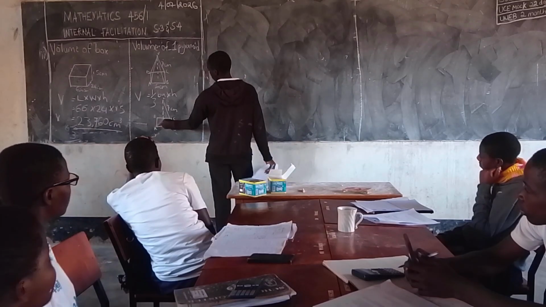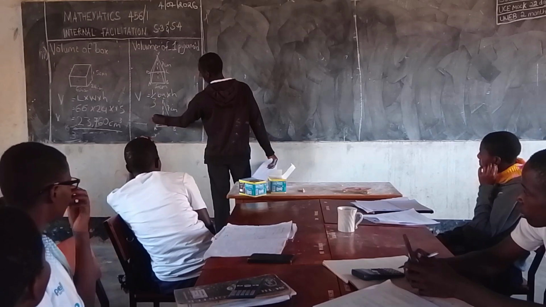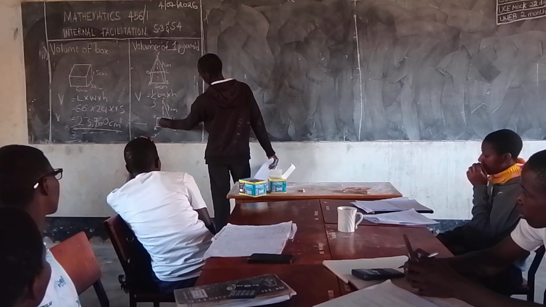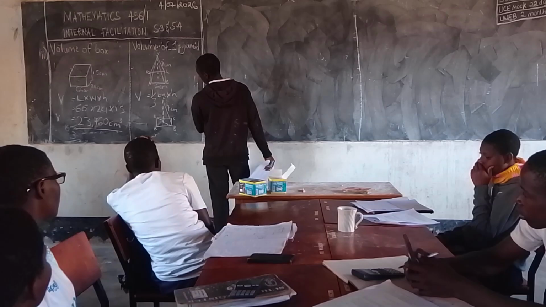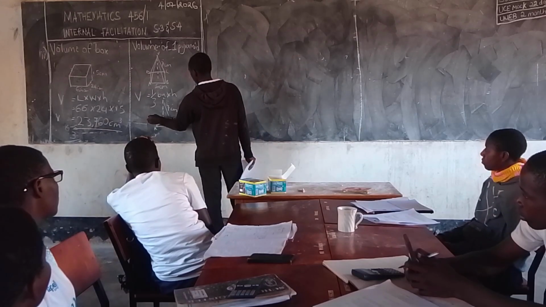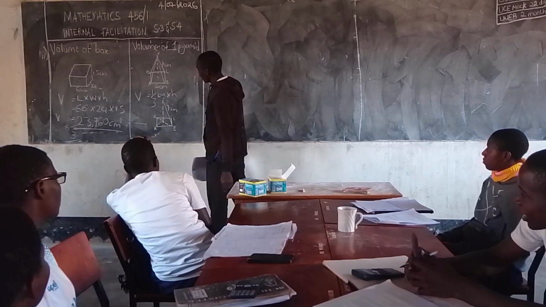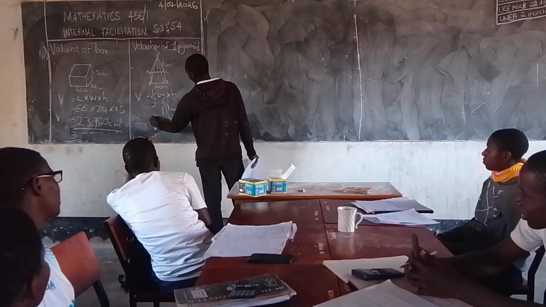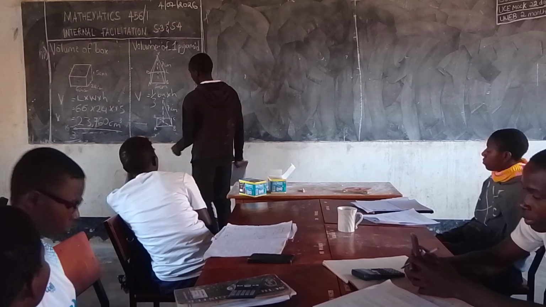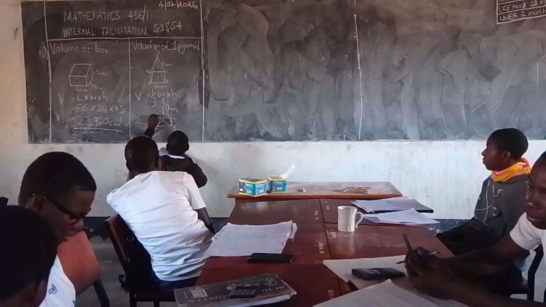But here we have only one side, so we are first going to look for this diagonal, BD. We are going to look for the diagonal of triangle DAB, to get the value of the line DG.